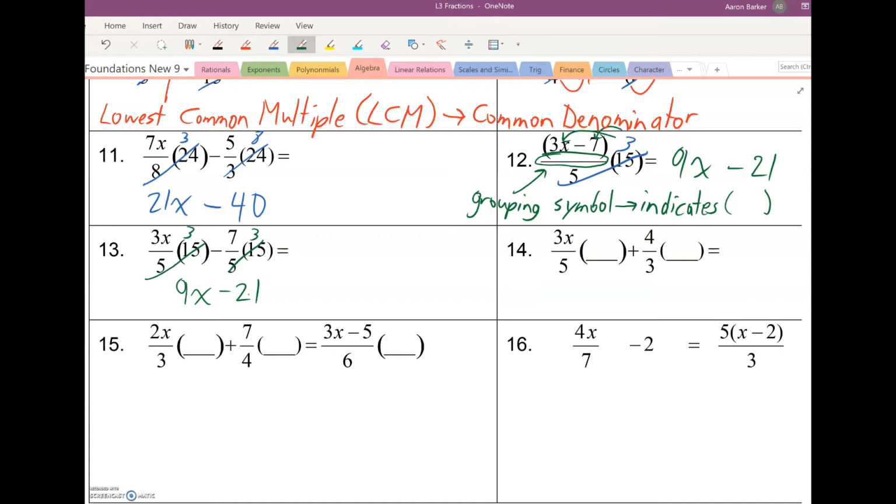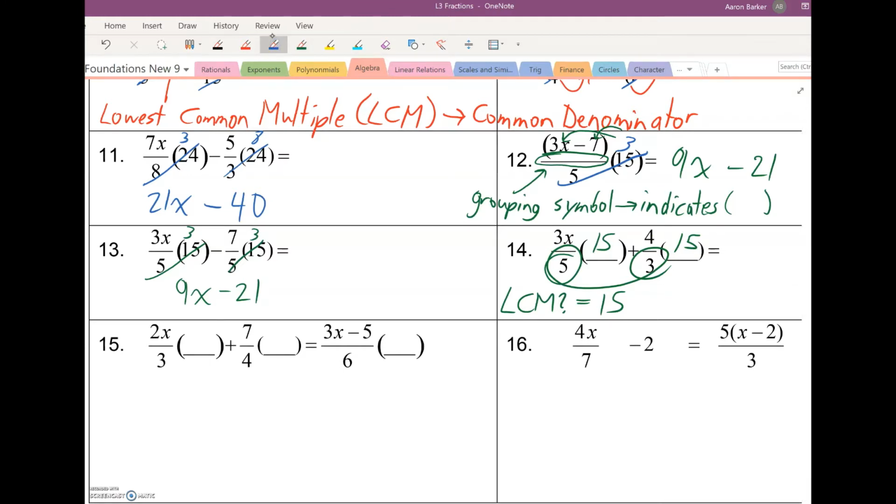Okay, so now we're at the part where you get to choose the number. So for question 14, we have 5 and we have 3. So what is the LCM with 5 and 3? Well, you're right, it's 15. So you're going to multiply both of them by 15. It must be the same number. Must.